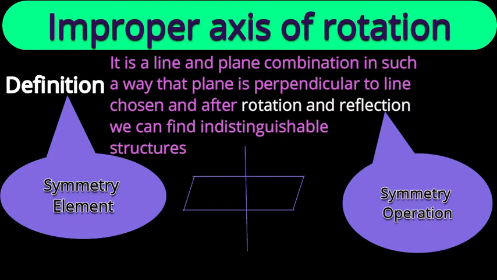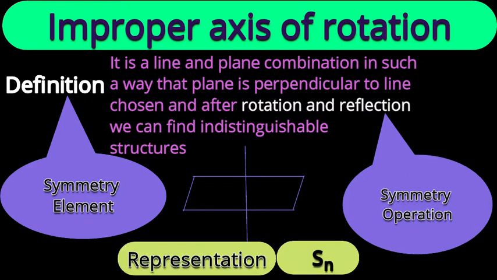And the operation, if I have to say, then around the axis what we do? Rotation. And through the plane what can we do? Reflection. So it is a combined operation, rotation and reflection. It is represented by the symbol Sn. N is the order of the improper axis of rotation.